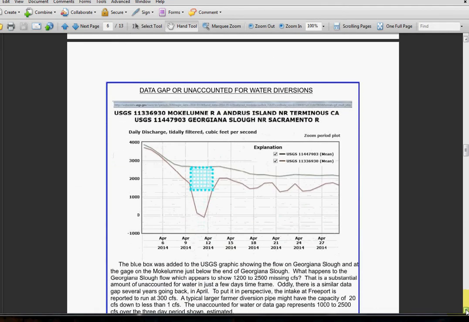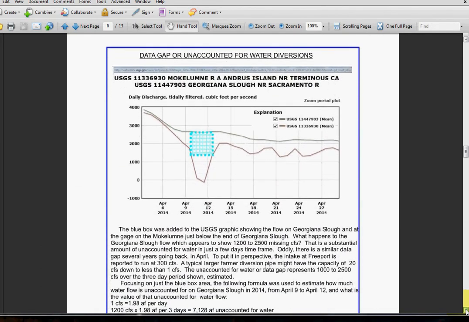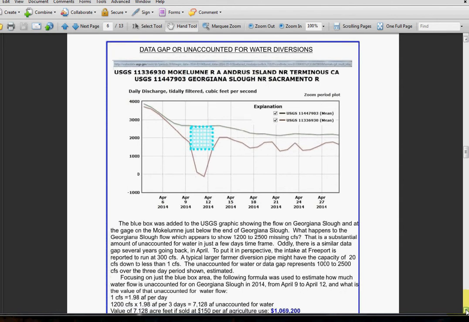And so I looked at, okay, let's try and figure out how much water that is. Just taking this block of information right here, you can compute it by taking cubic feet per second and converting it. This shows where my comments are.